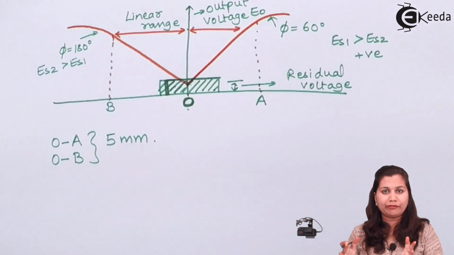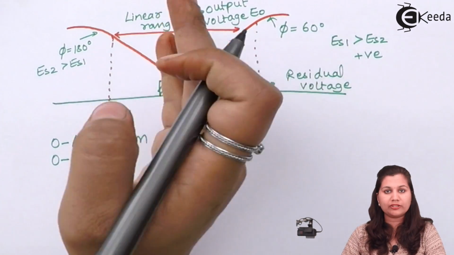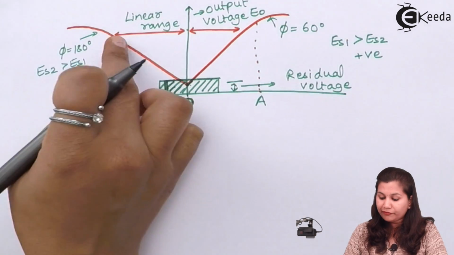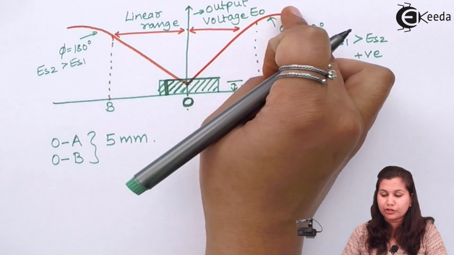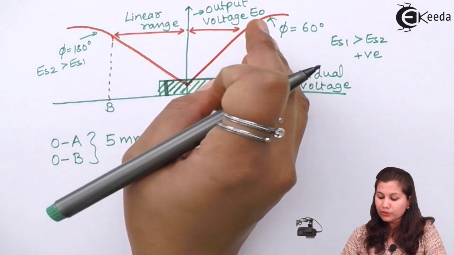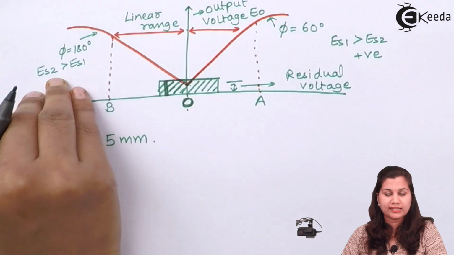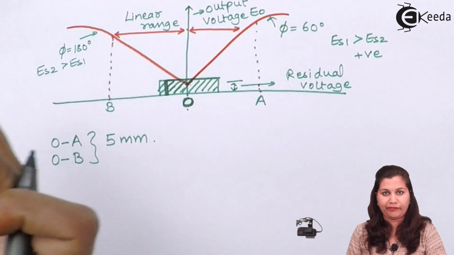That is, in the 5 mm range, we get a linear relationship between the output voltage and the displacement. After that, you can see that the relationship is non-linear, and the phase is also changing. Here we are getting an out of phase signal, and here we are getting an in phase signal.